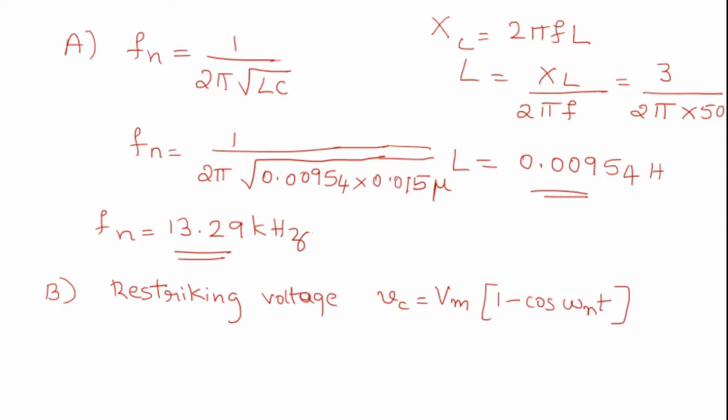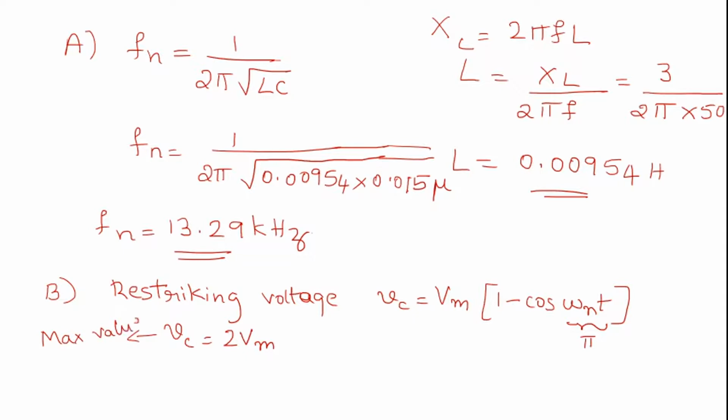The maximum value of restriking voltage occurs when omega n into t is equal to pi. Cos pi is minus 1, so 1 minus of minus 1 gives us 2. So Vc is equal to 2 Vm.